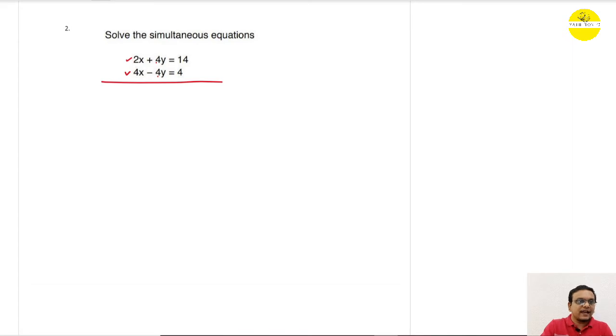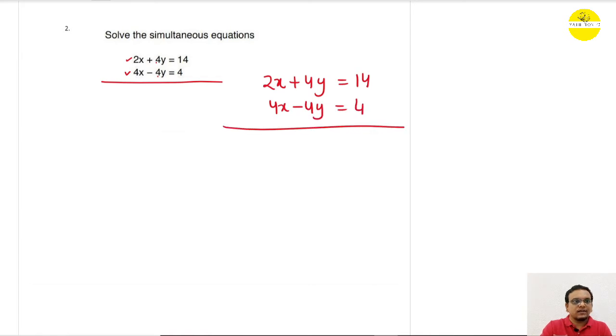See here, if I write the equations again, here we have 2x plus 4y is equal to 14. Here 4x minus 4y is equal to 4. Already I told you that wherever you have the same coefficient, I can eliminate that easily, right? Okay, so now here we have plus 4 and minus 4.